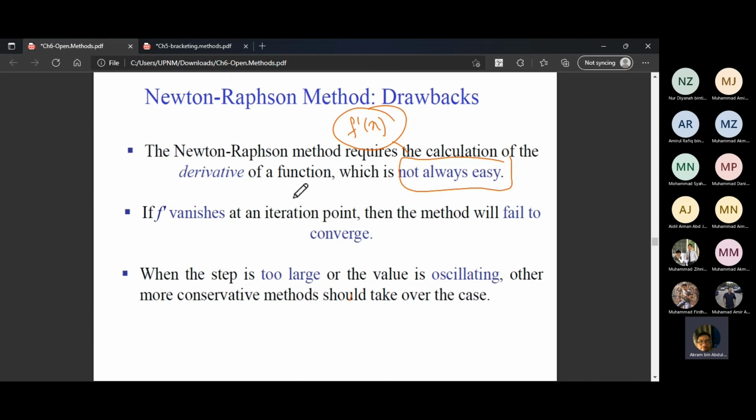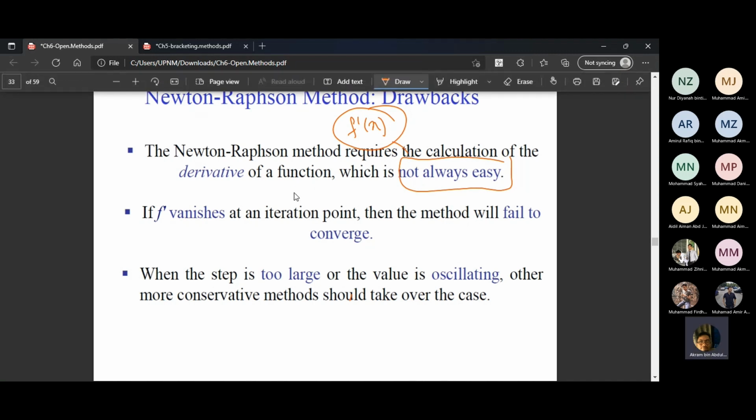Okay, even though the Newton Raphson looks very promising compared to the fixed point iteration, however, there are some drawbacks for Newton Raphson. Newton Raphson method requires the calculation of the derivative of a function. So you need to find f prime(x). And sometimes, if you have a very complex f(x), then finding the derivative is not always easy.